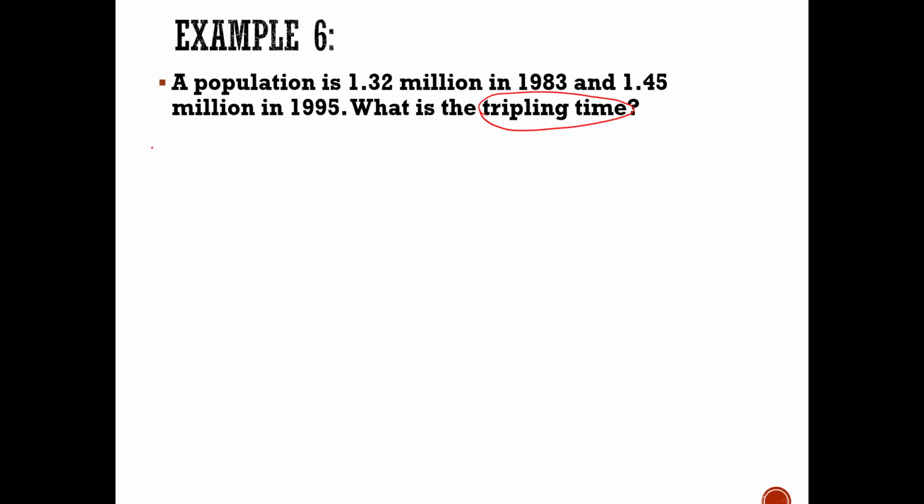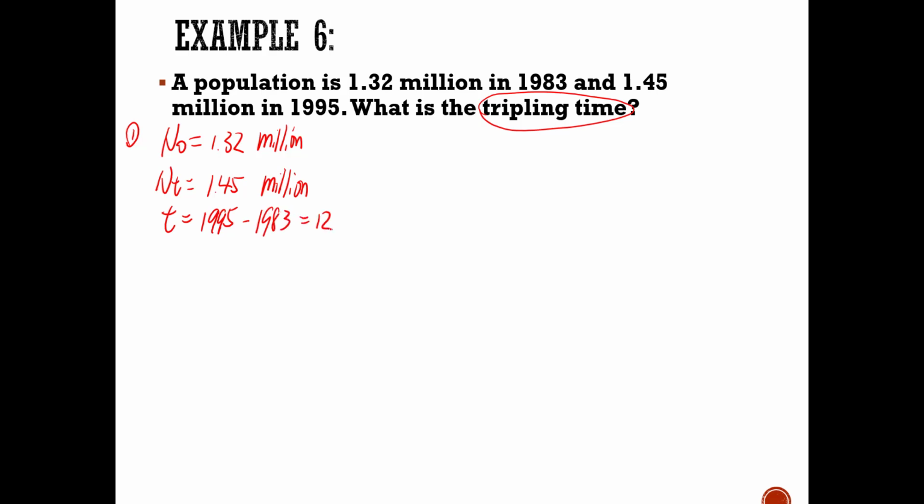So here, for the first condition, N_0 is equal to 1.32 million, N_t is equal to 1.45 million. Since they have the same unit, if you don't want to keep the million, that's okay. And then time t is equal to 1995 minus 1983, that's 12 years.